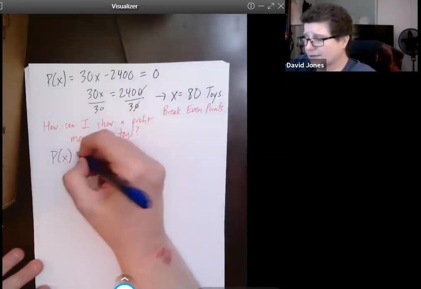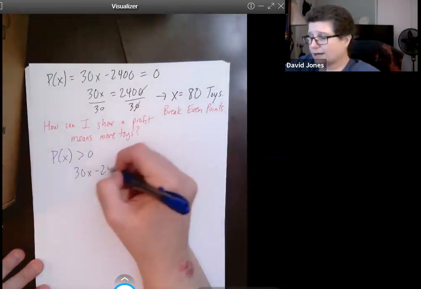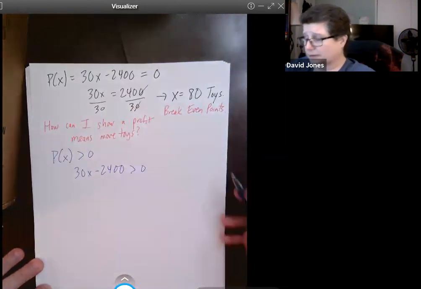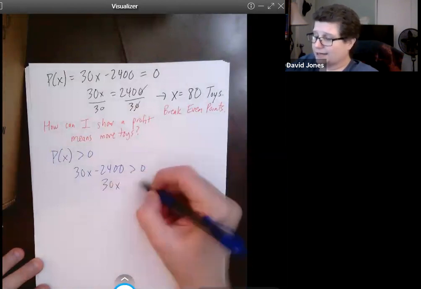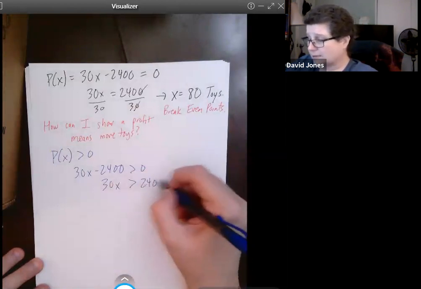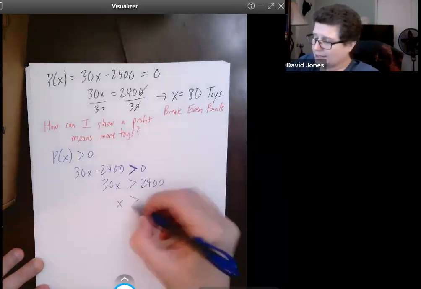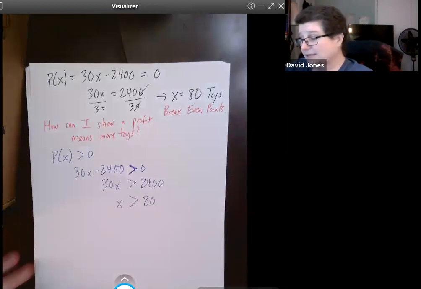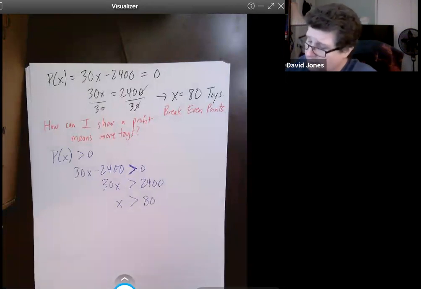P of x has to be greater than 0, which means 30x minus 2400 has to be greater than 0. Add 2400 to both sides, we get 30x is greater than 2400. Divide by 30, and I show x is greater than 80. That's why I said higher than 80 toys. Okay? And so profit begins at 81 toys.